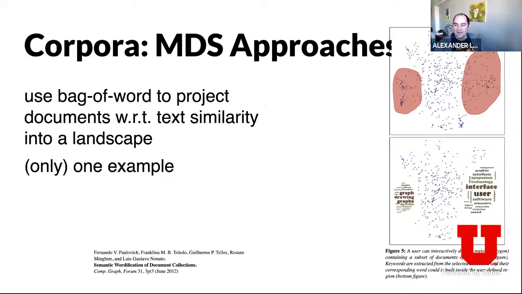First, on the top, you have a scatter plot of these reduced dimensions, and then you can select a subset of these documents and then create a Wordle out of it. And then you see that on the left side, the cluster was really mostly about graph drawing, and the right cluster was really about user interfaces and technology and software and so on. So you can see that you get a bit of an insight into these documents with this method.